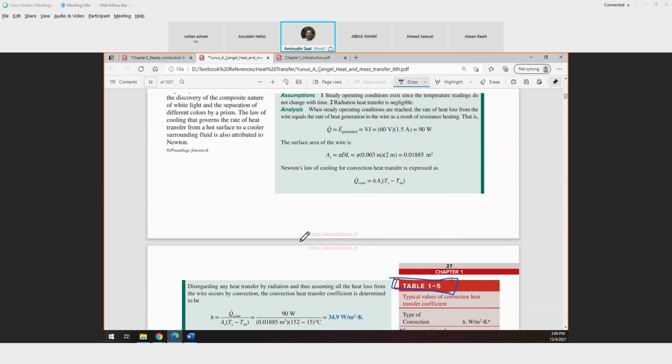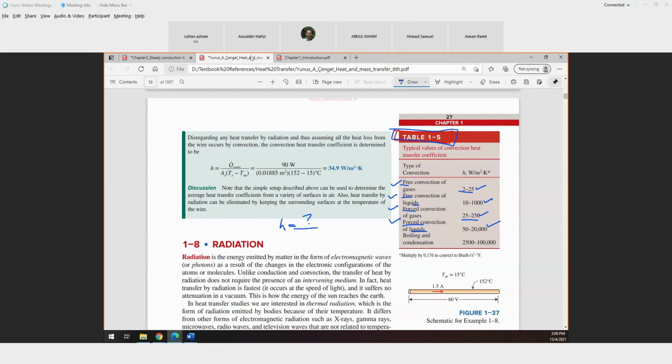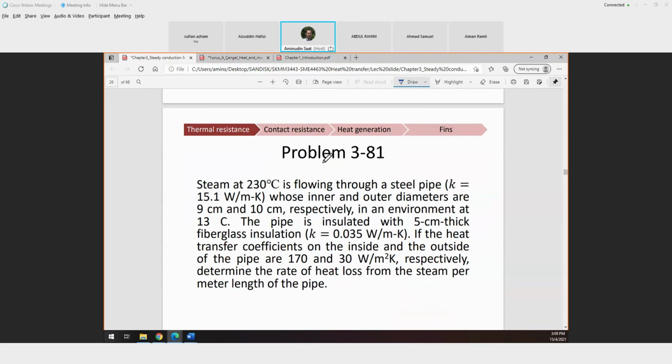For example, in this problem, whether you really want to consider radiation or not: the steam at 230, with inner diameter 9 and 10, and the environment at 13 degrees Celsius.